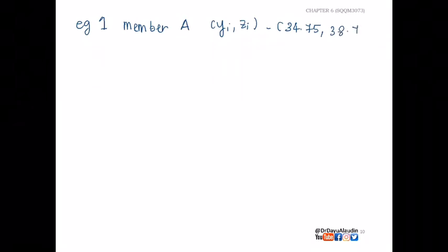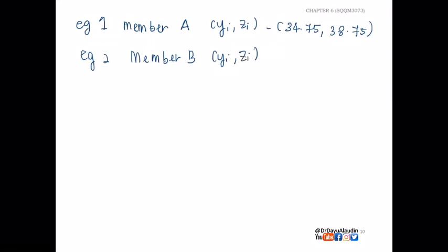In example 1, for member A, yi and zi are equal to 34.75 and 38.75. And then for example 2, member B, yi and zi are equal to 48.5 and 53.